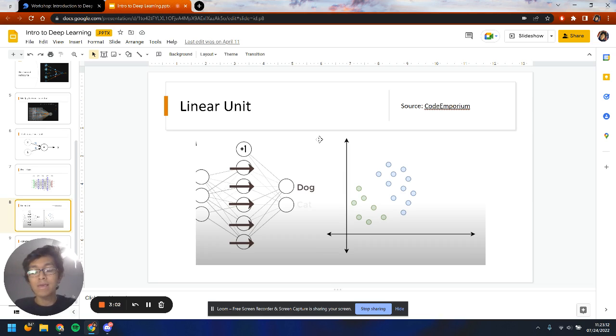What a linear unit transformation does is give you a clean cut through the input to classify whether it's a cat or a dog. So you can think of, after putting all of the images of cats and dogs into this deep learning algorithm, it will produce a single line that will cut through the inputs to tell whether this is a cat or a dog. And this is good if your inputs are able to be cleanly cut between each other.